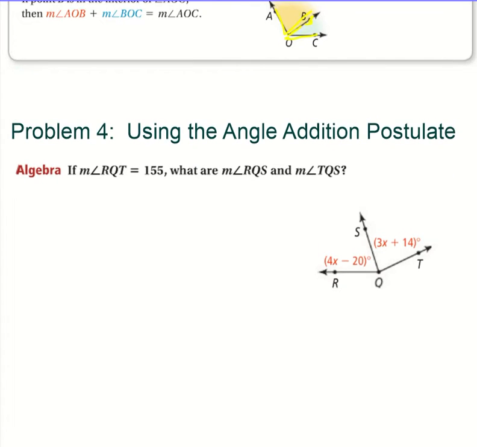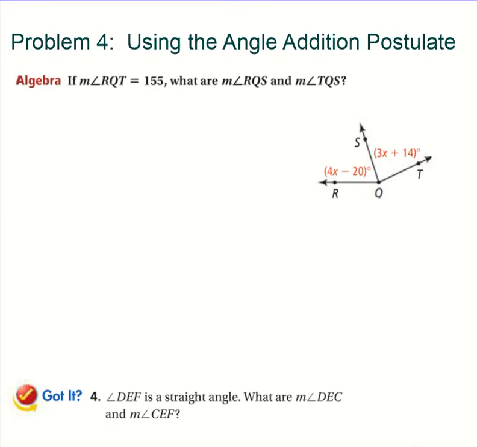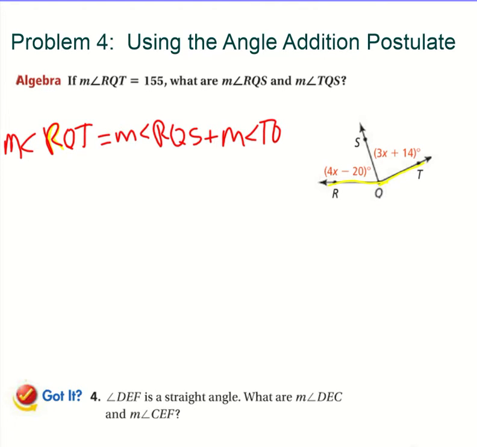If we're going to use this postulate, we have this large angle RQT, and that's 155 degrees. That means the measure of angle RQT is going to be equal to the measures of angle RQS and angle TQS.